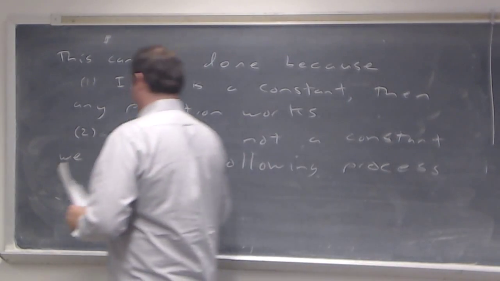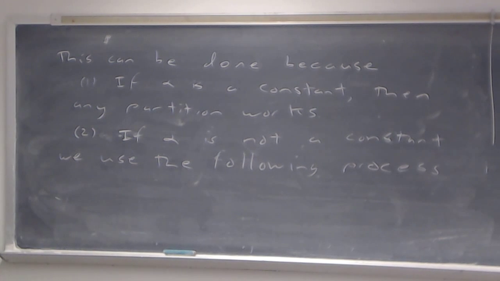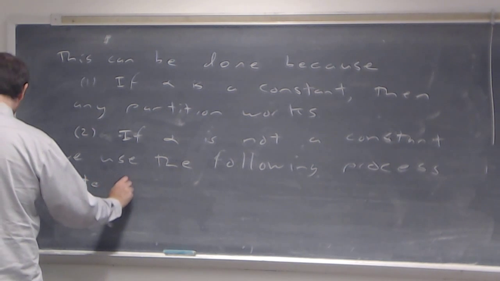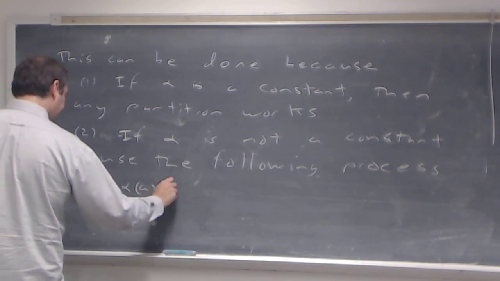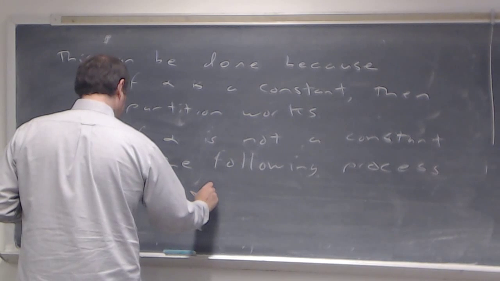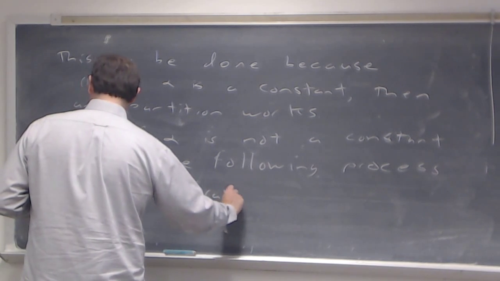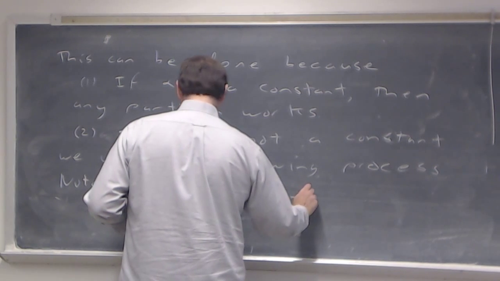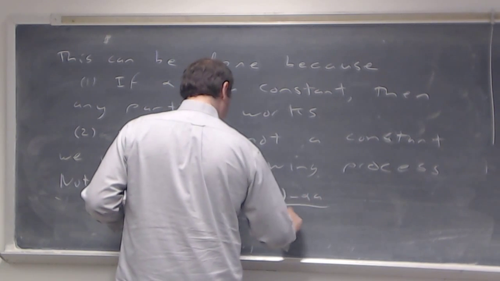Okay, so for any n, you have fixed n. We note that alpha of A, remember this is going to be increasing, is less than alpha of A plus alpha of B minus alpha of A over n.